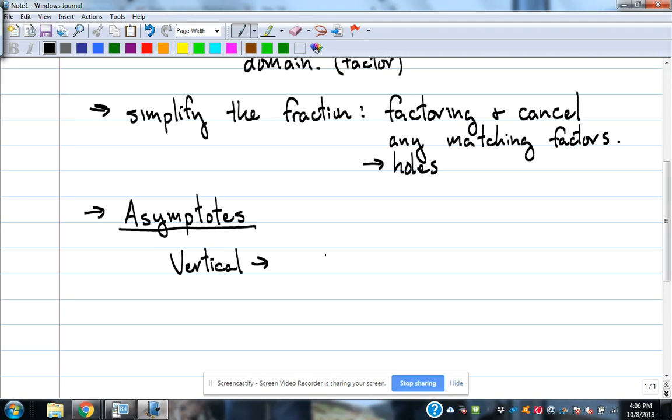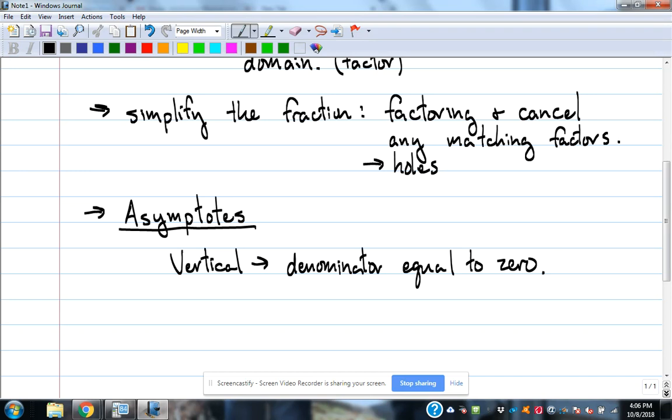Vertical asymptotes are going to come from what's left in the denominator of the simplified version of the rational function.